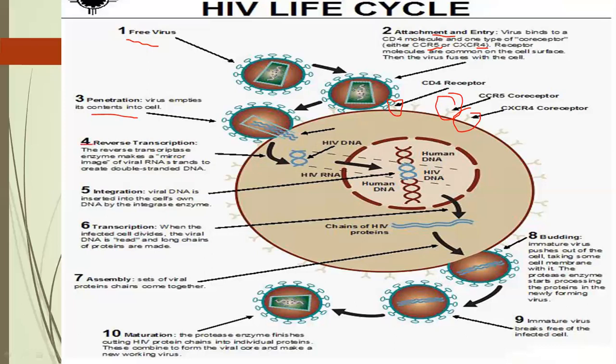So this DNA gets incorporated into the T cell. Number 4 is reverse transcription. The reverse transcriptase enzyme of HIV works here and makes a mirror image of the viral RNA strands to create double-stranded DNA.